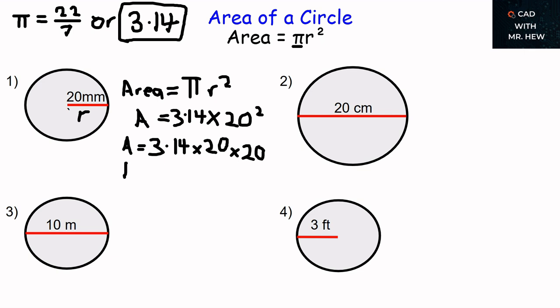All right, so this is square units, this is what it means, right? And then we're going to write A, area. When we put this in the calculator, I did it before I made the video, you would get 1,256.